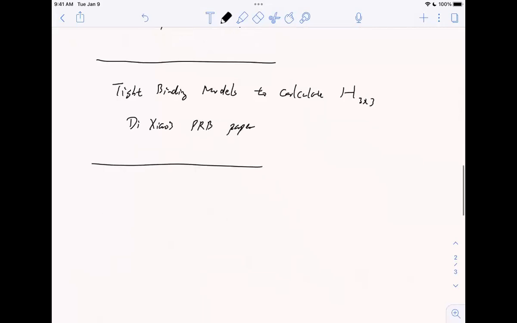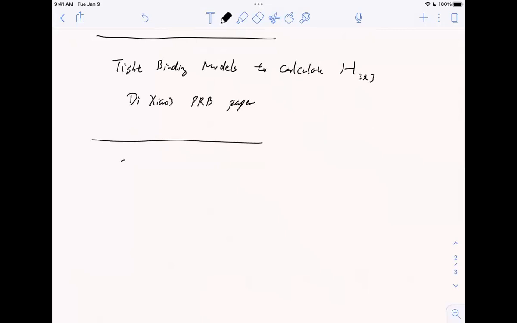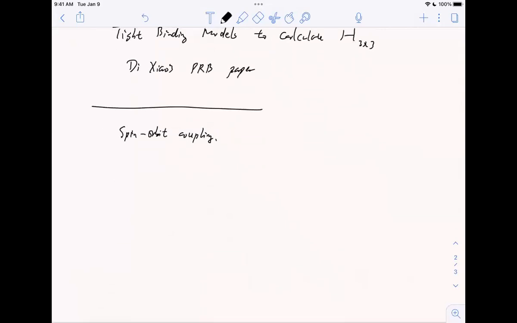Then we talk about how the spin orbit coupling affects the band structure. So last time, in the non-relativistic limit of the Dirac equation, we got the spin orbit coupling Hamiltonian, which is sigma dot E cross P.